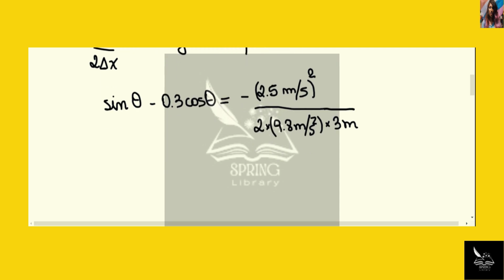And I can solve this problem numerically and find that theta is equal to 10.86 degrees. So the minimum value of the angle such that the block will slide along the plane and reach the bottom is 10.86 degrees.